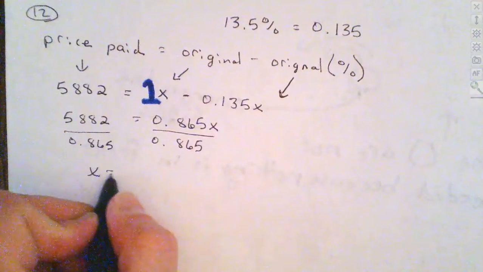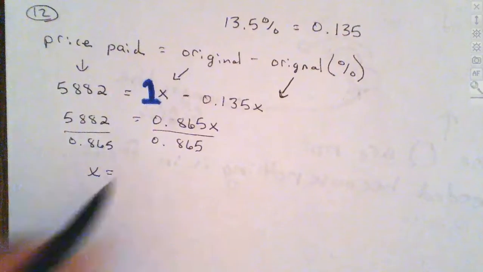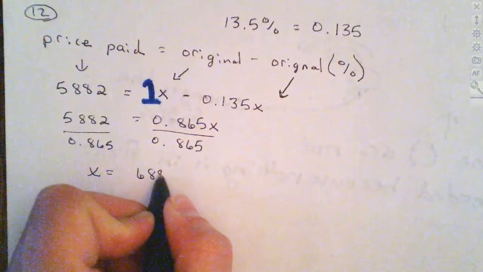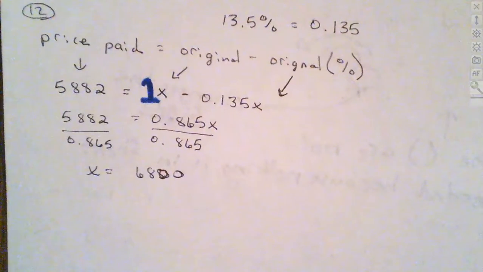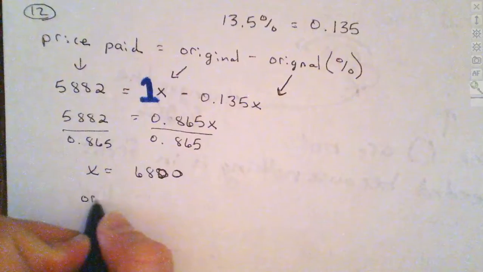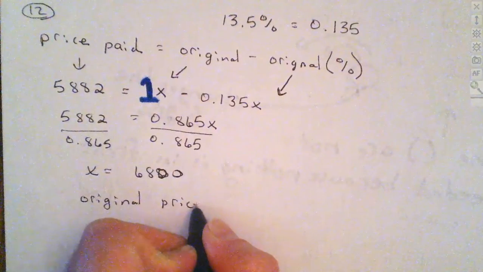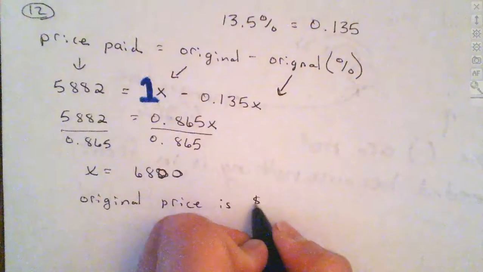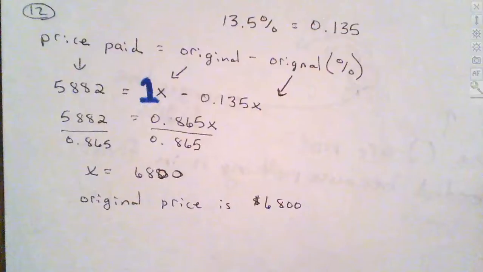So we'll divide 5,882 by 0.865. And that gives you now 6,800. So that's the original price before our discount. So the original price is $6,800.